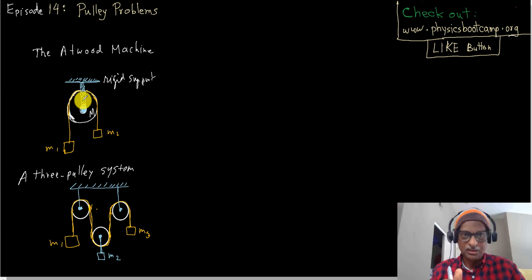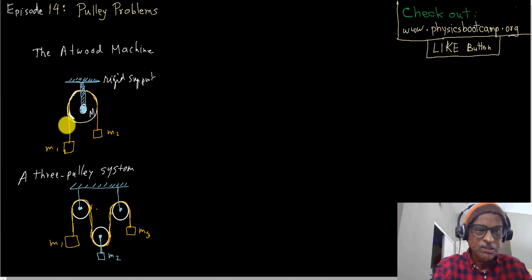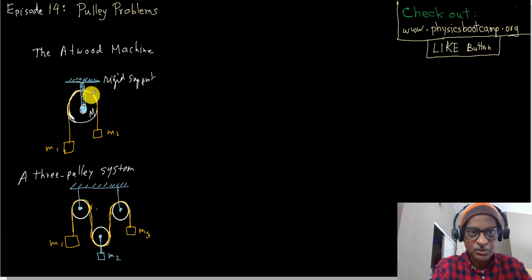And similarly, you can see that this rope that's going around, I'll assume that it does not slide off. There's no sliding motion. The rope motion is tied with the rotation of the pulley wheel.